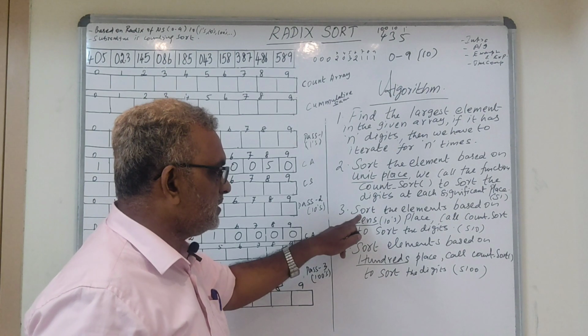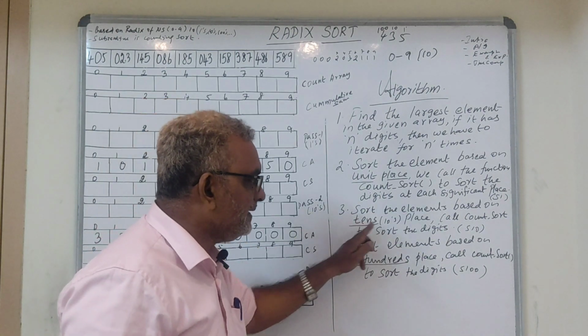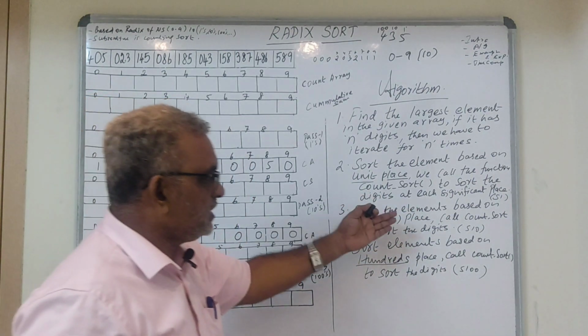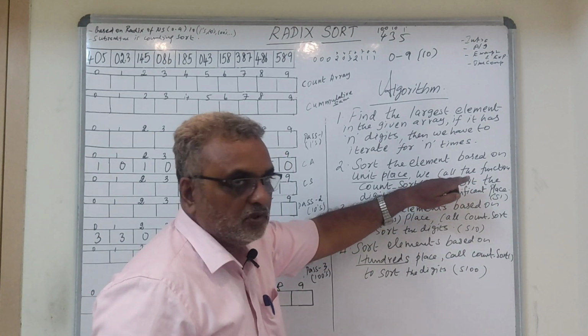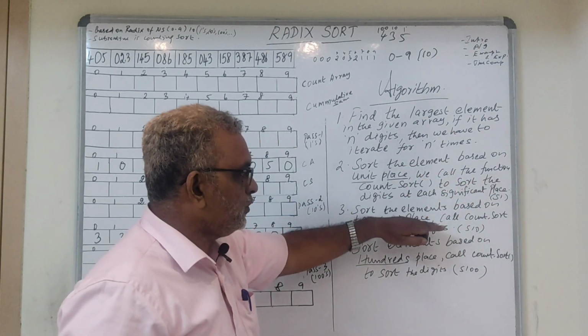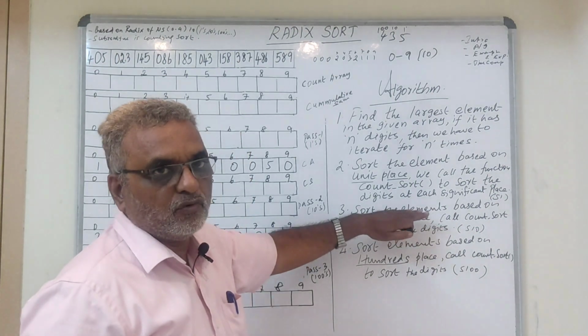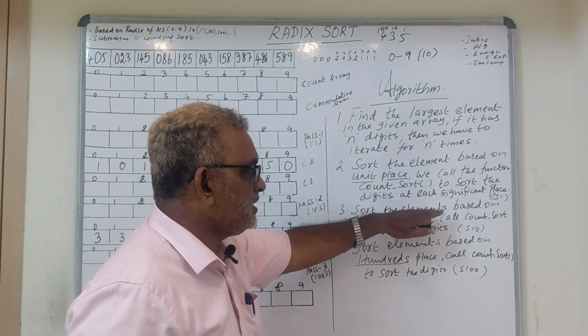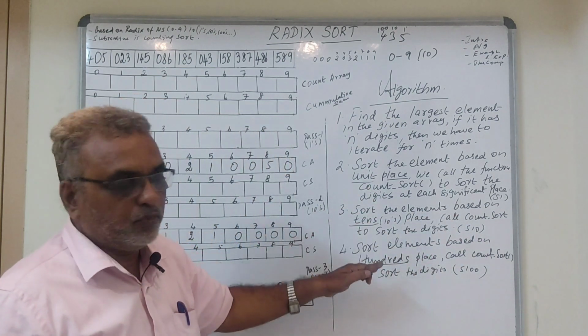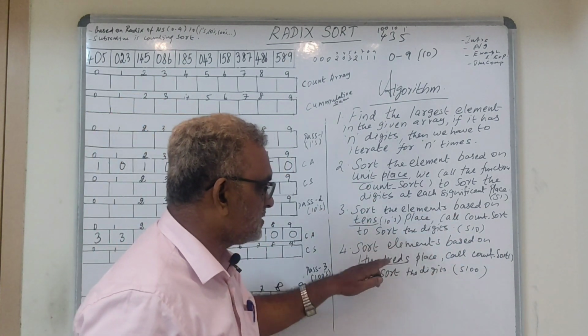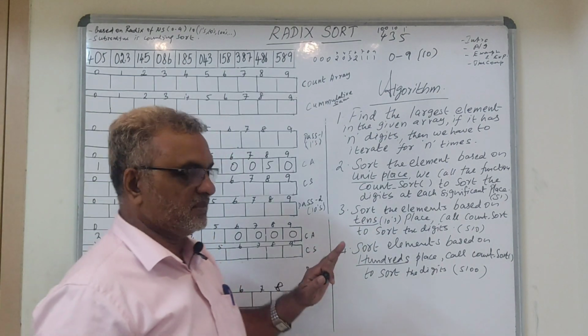The third step is to sort the elements based on the 10's place. S1 is the output of pass 1, and S1 is used as the input for sorting based on the 10's place. S10 is then used as the input for sorting based on the 100's place.